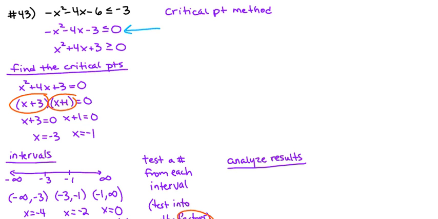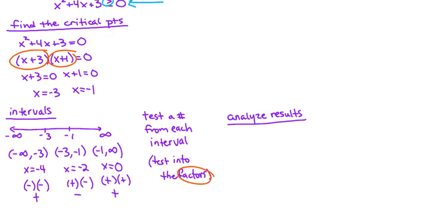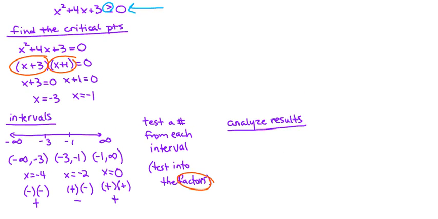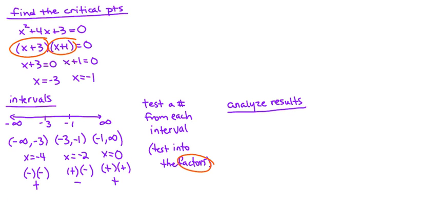So not that one, this one. What makes this expression greater than or equal to 0? And since we were looking for greater than 0, we want the positives. If you were looking for less than 0, you would want the negatives. So we have a positive here and we have a positive here. That means we want this interval here, and we want this interval here.